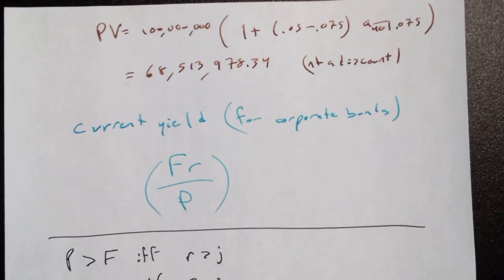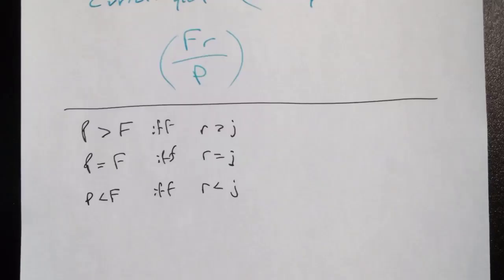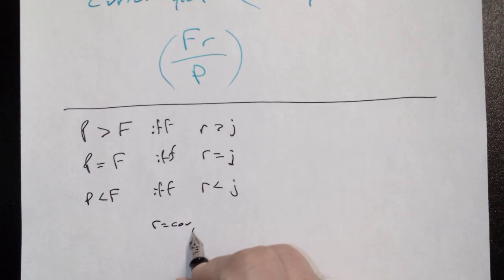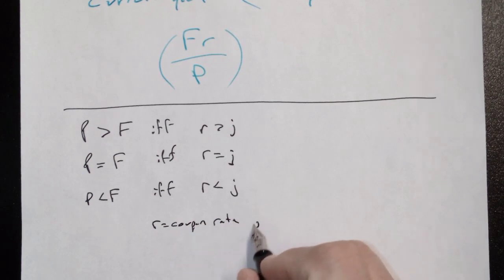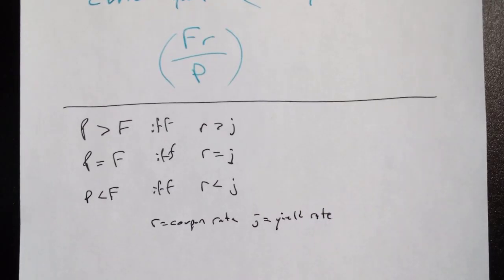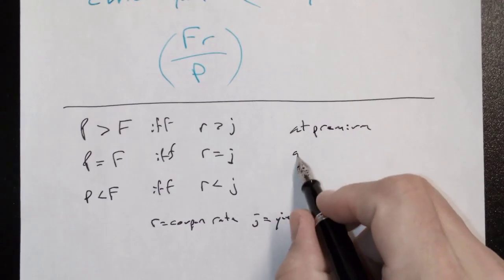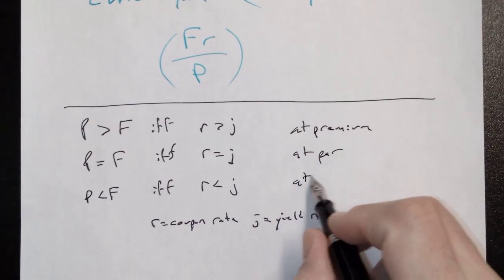So remember here that R is our coupon rate and J is our yield rate. And this is our idea of at a premium, at par, and at discount.